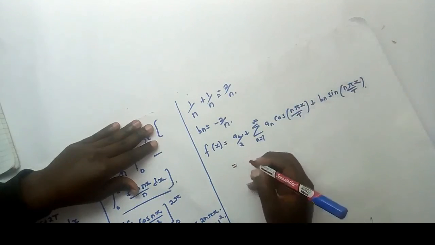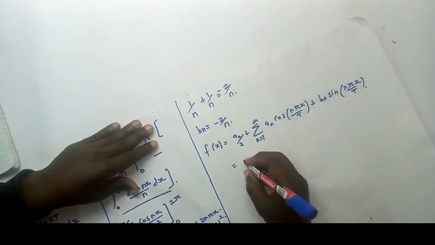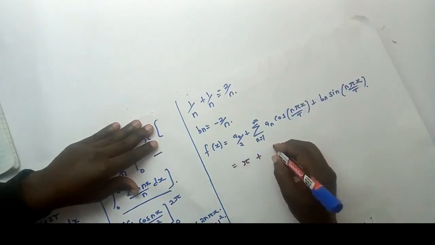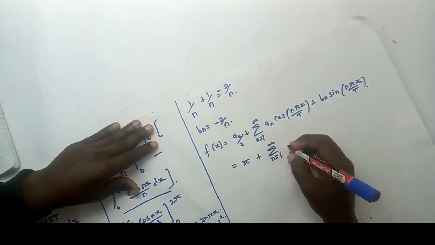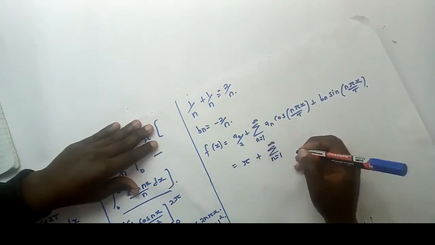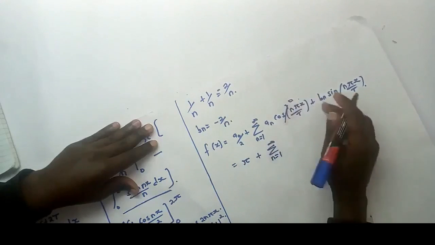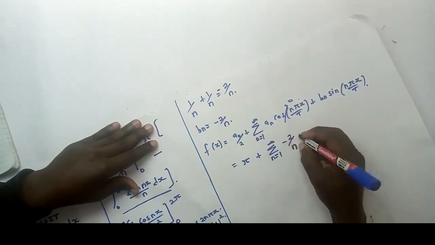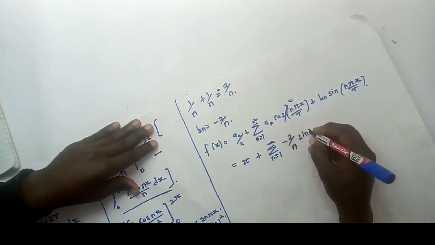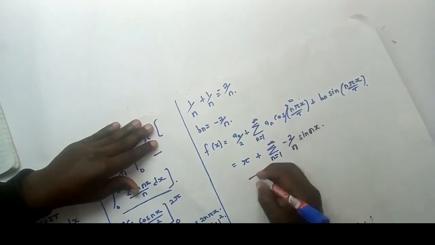Okay, so we had our a naught as 2 pi, so 2 pi over 2 is pi, plus summation from n equal to 1 to infinity. Your an was 0, so this one will go to 0. Our bn was negative 2 over n, so we'll have negative 2 over n sin nx, and that is our expansion.